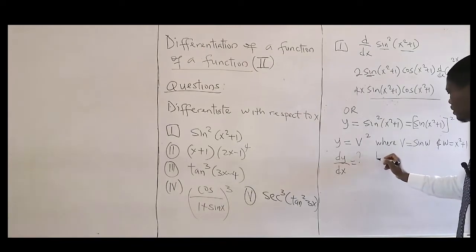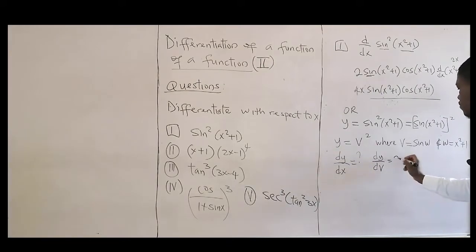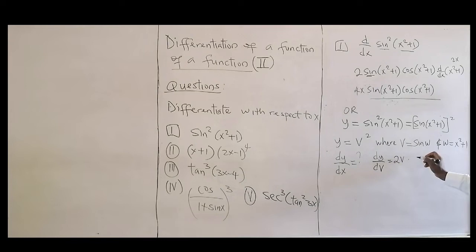So then we have dy/dv, which is equal to 2v. Then we can also have dv/dw, which is cos w, and we can also have dw/dx, which is equal to 2x.